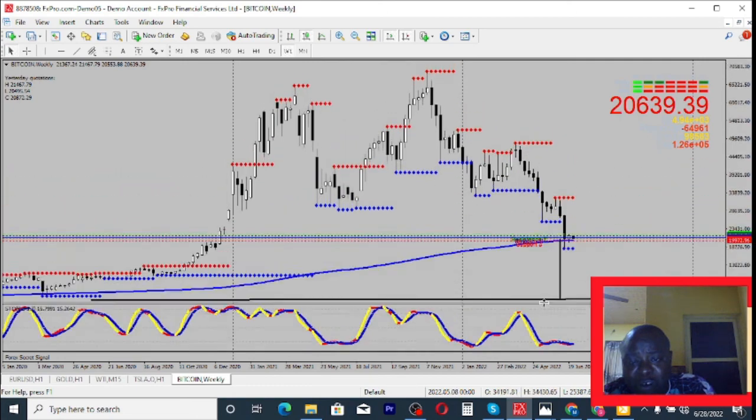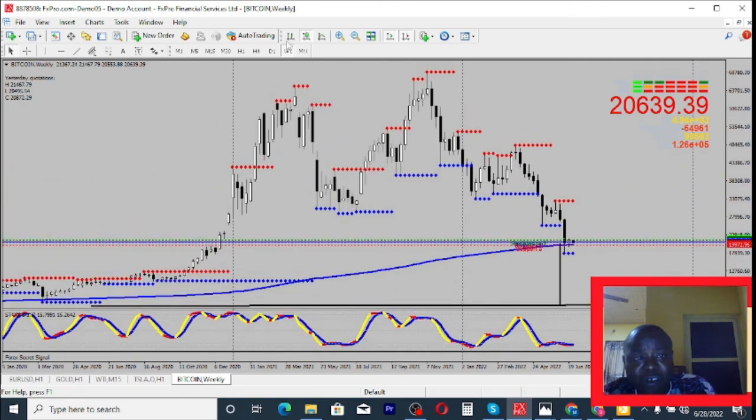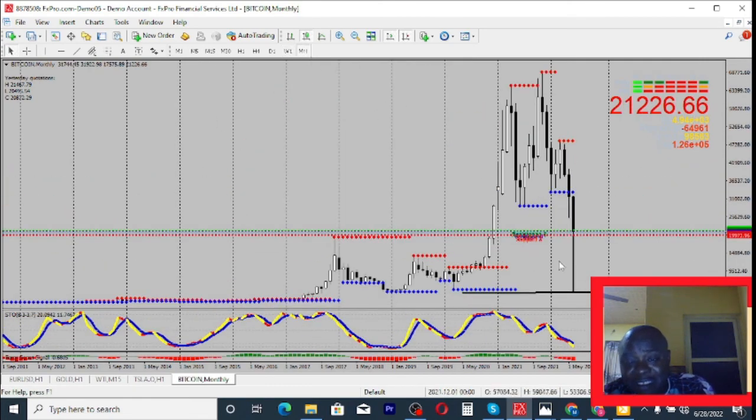That area could not hold from here. So let's go back to the monthly chart. Once this area could not hold, we are going to see the price of Bitcoin moving further down to what? To 1,232.